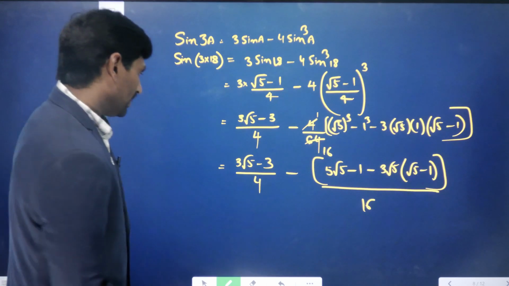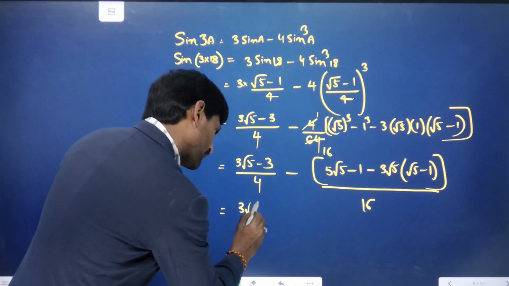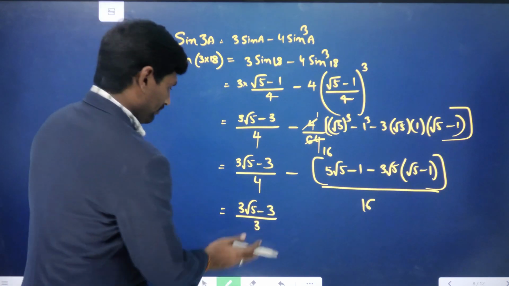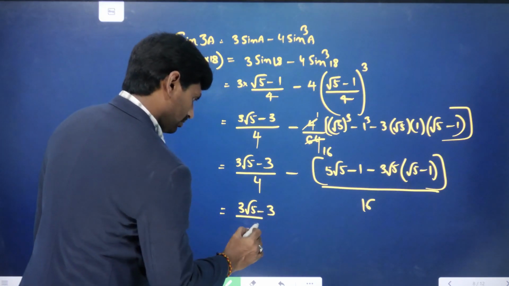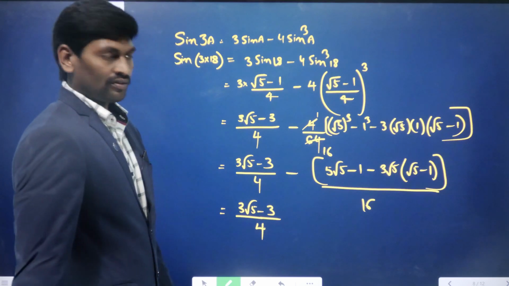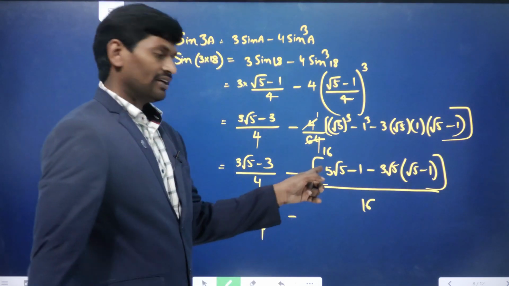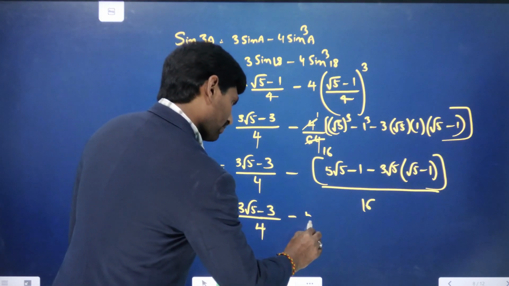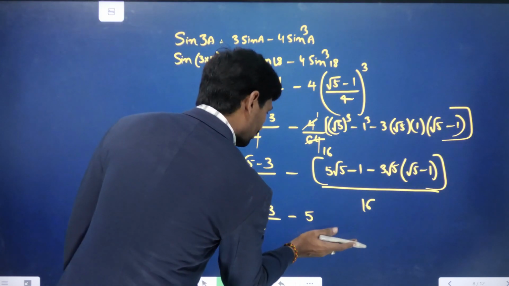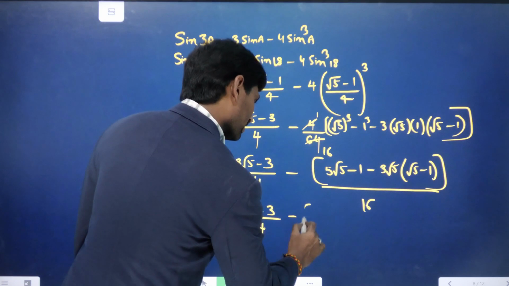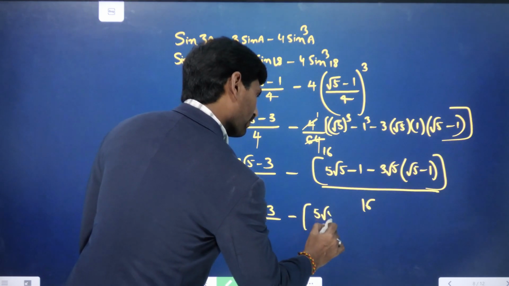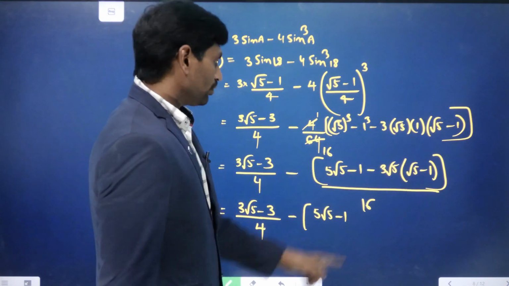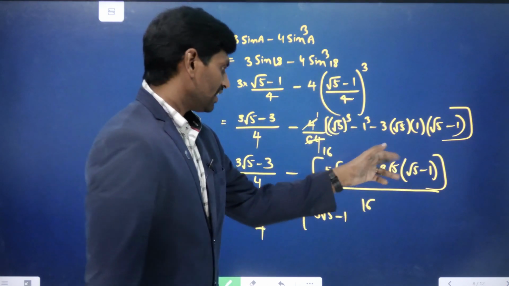Okay, so let us see this. 3 root 5 minus 3 by 4 minus, this minus I am multiplying. Before that, wait a moment. So this we can write 5 root 5 minus 1. 3 root 5 into root 5: root 5 into root 5 is 5, 3 5s are 15.